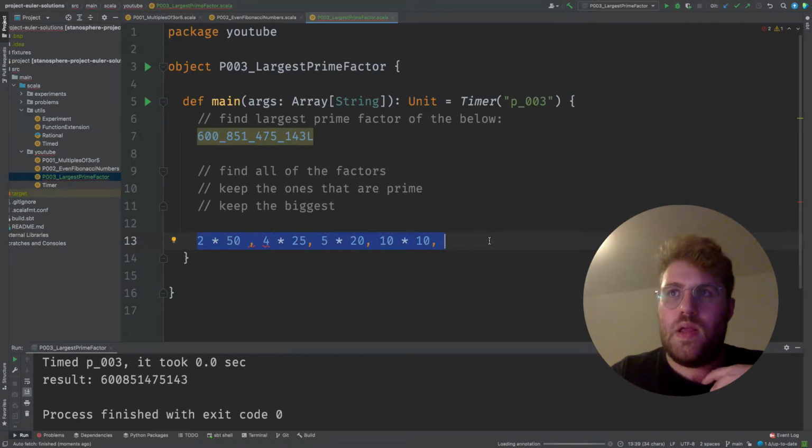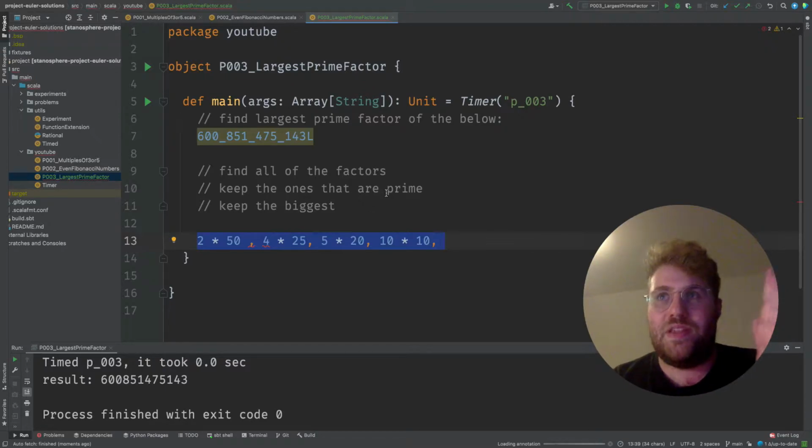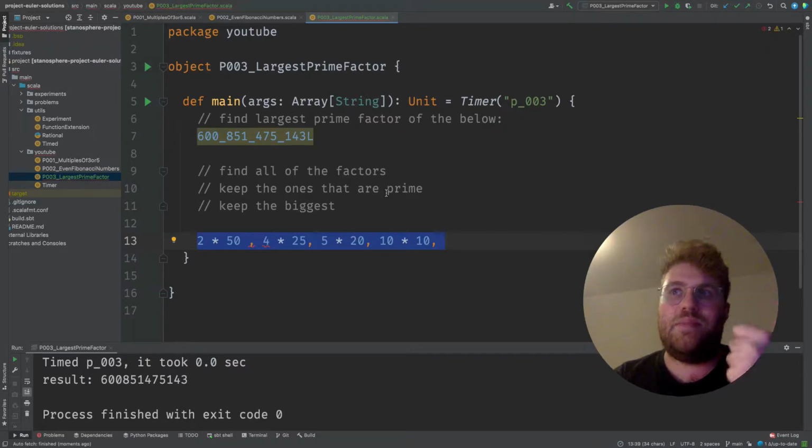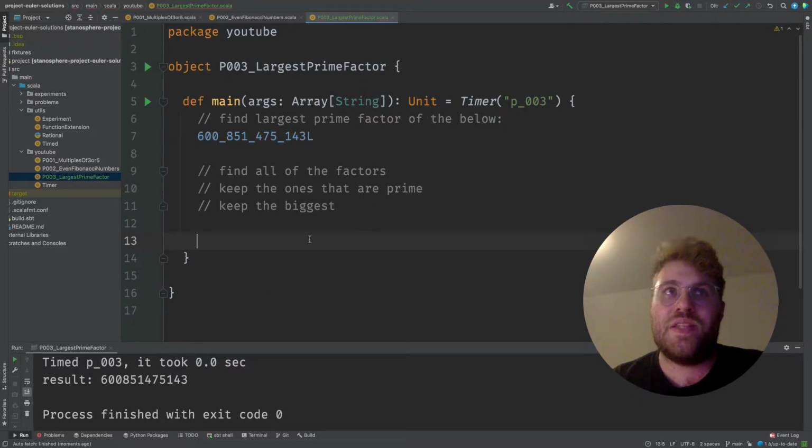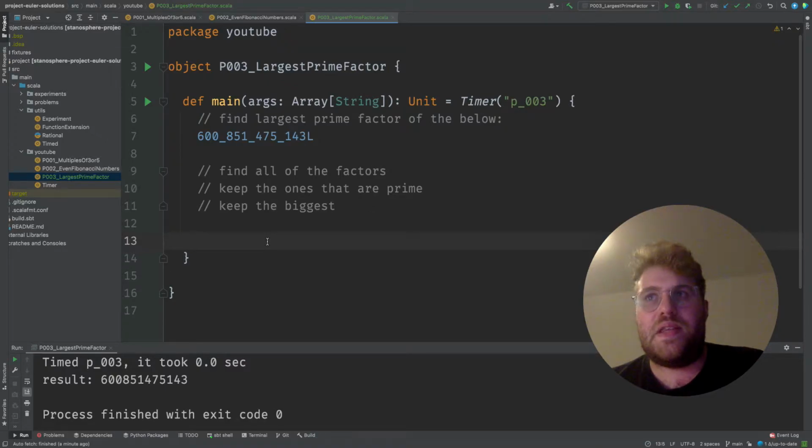So if the number we were finding the factors of was 100, we'd have to do 10 iterations, because 10 is the square root of 100. For this one, we'll have to do whatever the square root of this is. I think it's 6 times 10 to the 11, isn't it? 12 digits, yeah, 6 times 10 to the 11, and that's better known as 60 times 10 to the 10.